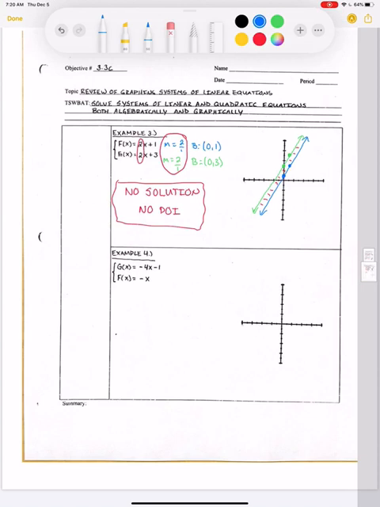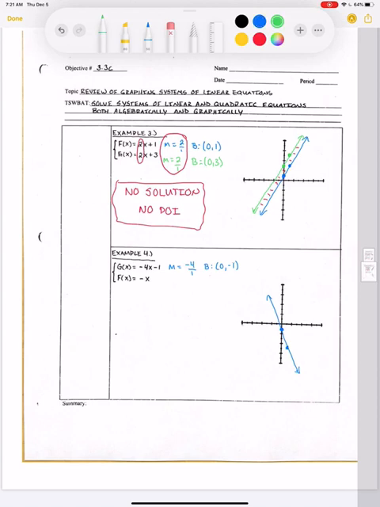Example 4, I have g of x equals negative 4x minus 1. Here my slope is negative 4 over 1. My y-intercept is 0, negative 1. So I'm going to start at 0, negative 1, and I'm going to go down 1, 2, 3, 4 to the right 1. That's going to be my graph of g of x.